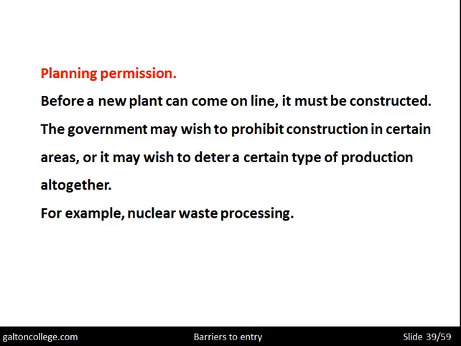Well, the government may wish to stop companies from opening such plants in the middle of the city, where it's very noisy and polluting the atmosphere and causing traffic chaos and making a lot of noise. So the location of companies will be regulated as well, and that can constitute a barrier to entry.